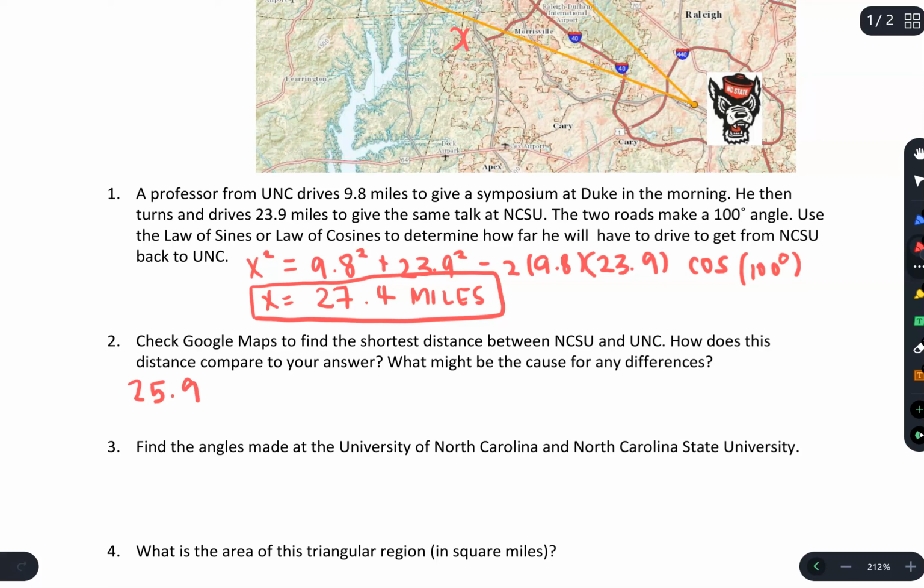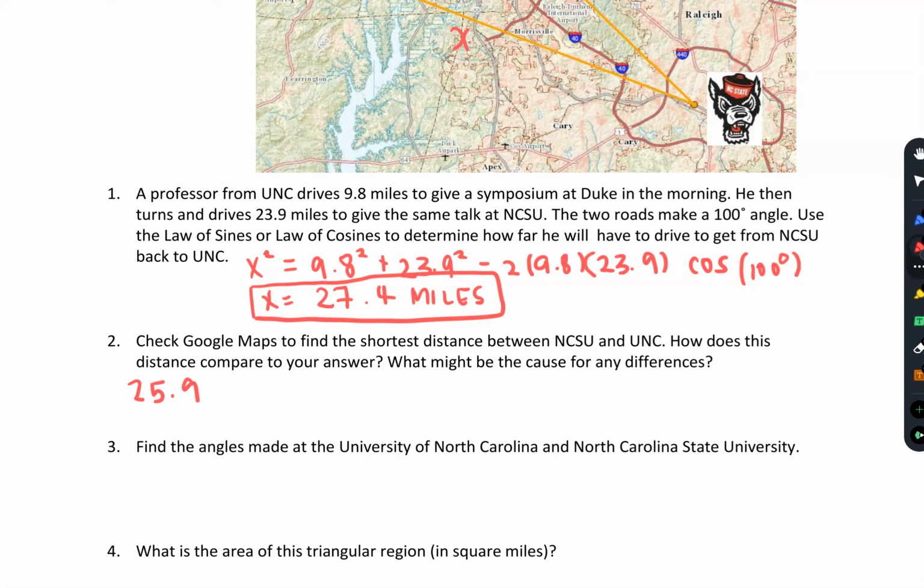So the shortest distance in Google Maps was 25.9. How does this distance compare to your answer here? It's pretty close, but it's a little bit shorter. What do you think might cause the difference? It's not a straight shot. Yeah, it's probably a curved road somewhere, so we're not going straight.